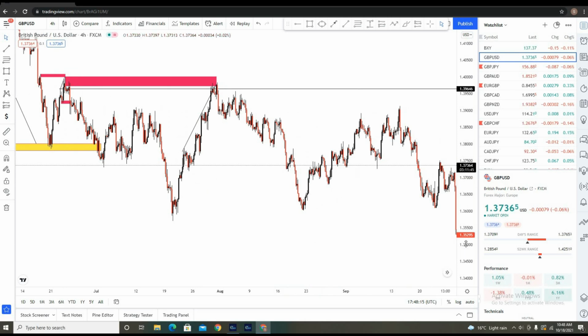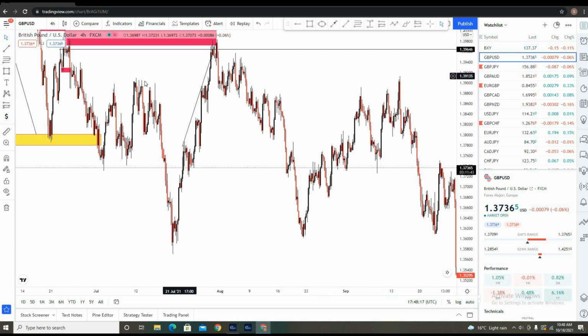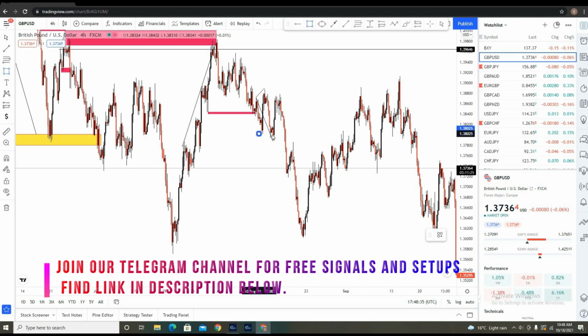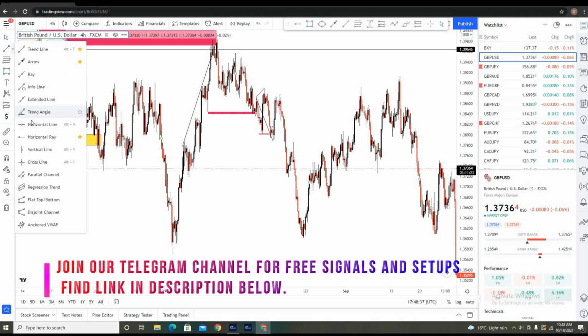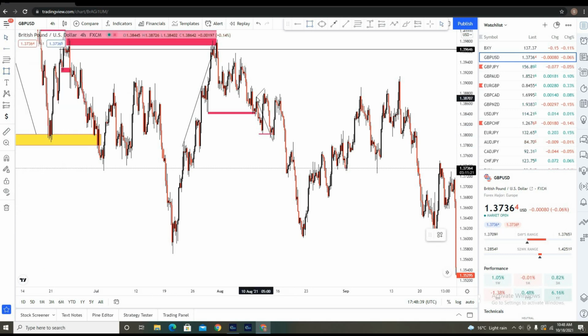And this can also be used as a continuation pattern, as I keep repeating. We can see that as the price ebbs and flows to the downside, at such areas we have a nice structure point. Look at what we have just above that, a high, and then the pattern, a break of structure. After the break of structure, we want to mark down our golden zone or our sell zone.